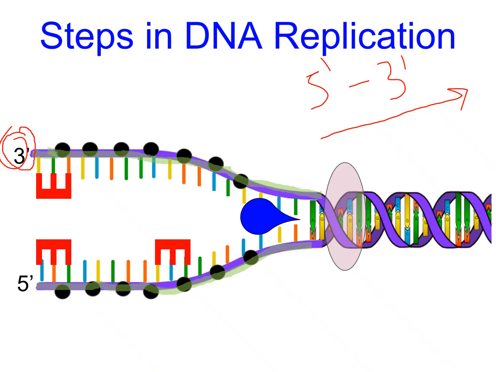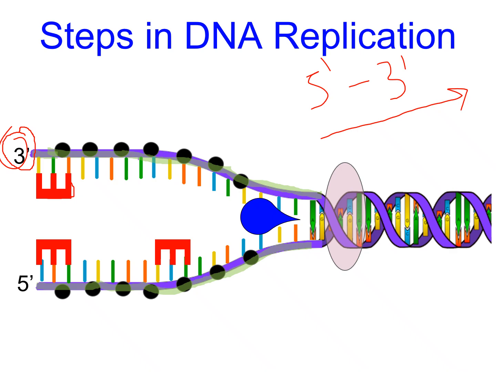So this parental strand requires only one primer. See the primer right here. It uses this one primer. Once this one primer is placed, remember, primers indicate to the DNA polymerase where they need to start synthesizing. So the primer will allow the DNA polymerase 3 to read along in the 3 to 5 direction.